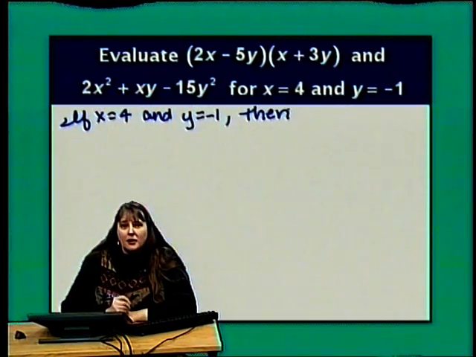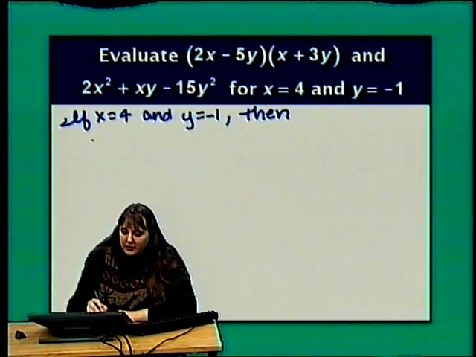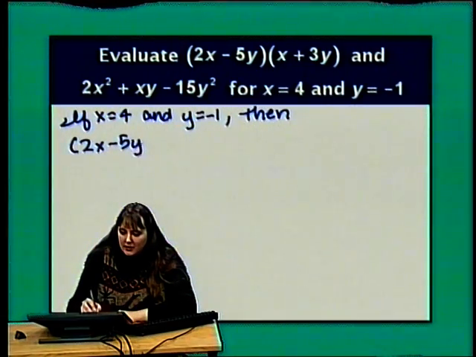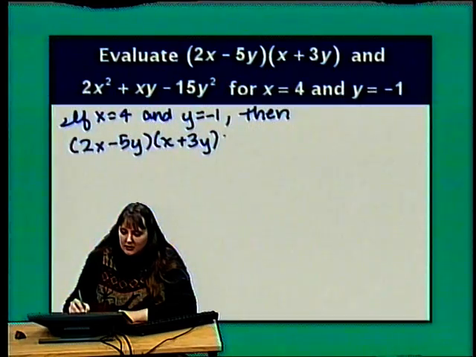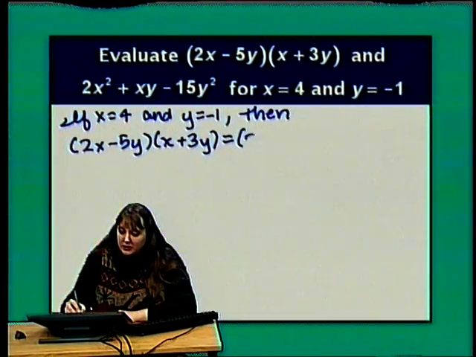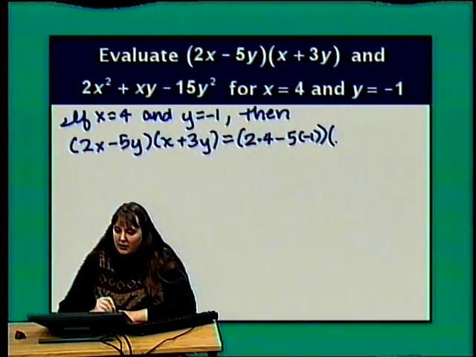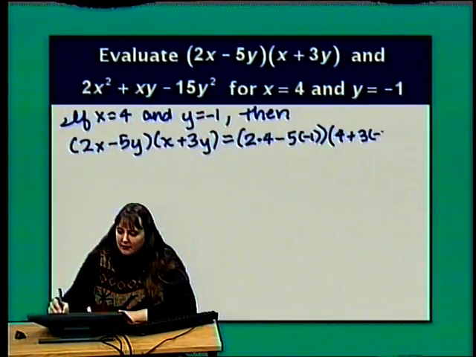then, starting with our product of the two binomials, 2x minus 5y times x plus 3y would be 2 times 4 minus 5 times -1 times the quantity 4 plus 3 times -1.